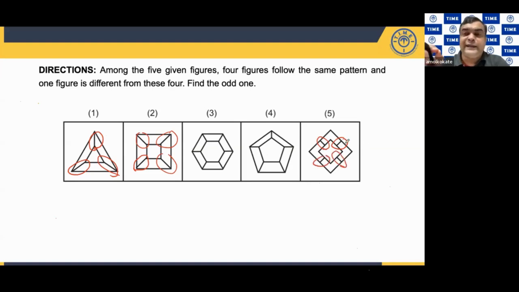So the lines act as connectors between sides, while in the other figures they are connectors between the corners. So what is your odd man out? Your odd man out is the fifth figure. You're getting this part? Very clear, simple question. So this is structural logic: how is the structure of the figure? Okay, let's go ahead.